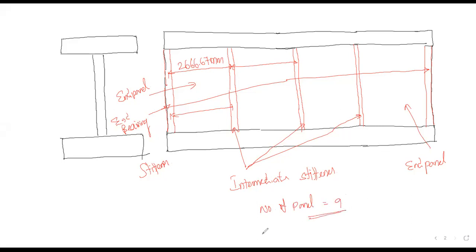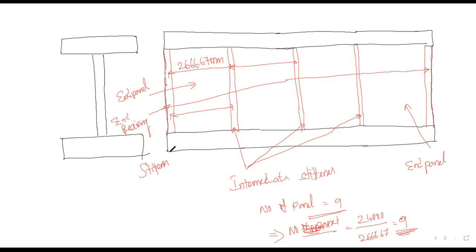Since our total span is 24,000 mm, if I divide by the spacing of 2666.67, I get the number of panels: 24,000 divided by 2666.67 becomes 9. So we get nine panels, and we are going to check whether the end panels, which are subjected to shear, are safe in shear and bending moment.